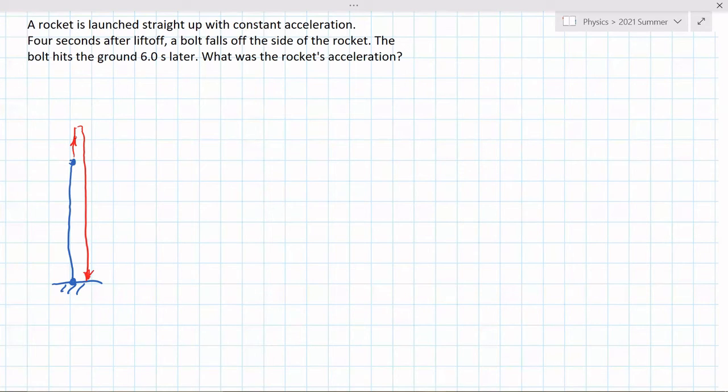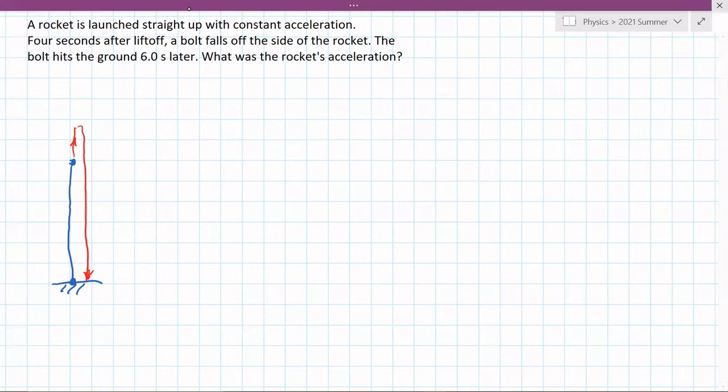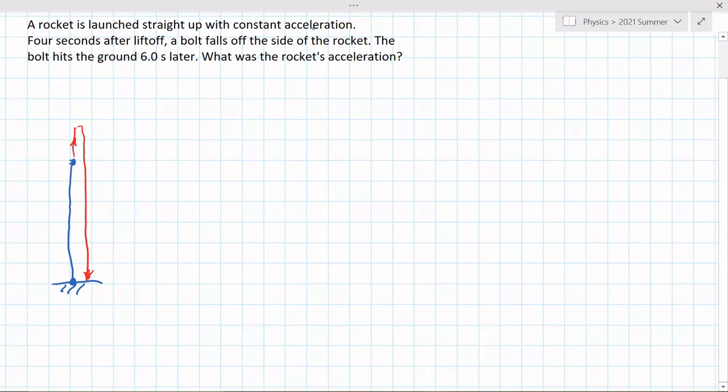And there are multiple unknowns here. We don't know the initial velocity going up, which we have to take. We can assume that it's starting from rest and then there is constant acceleration. So I'll call this phase one and this phase two.